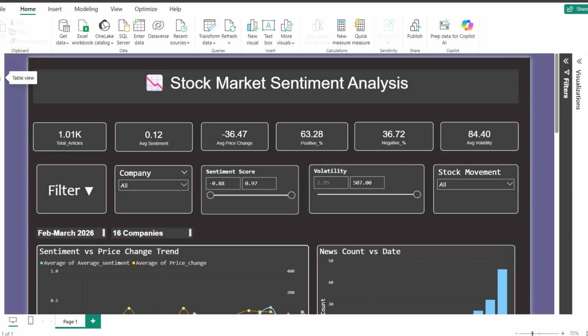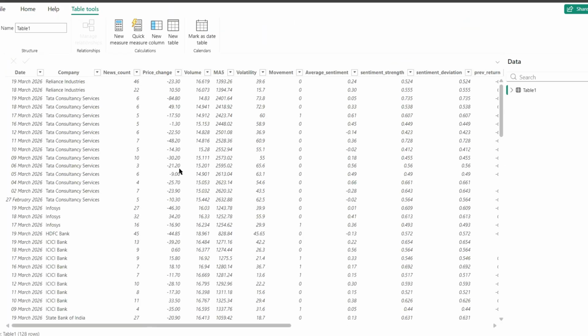We are working with a dataset of 1009 rows and 14 columns, which includes companies like Reliance, TCS, Infosys, HDFC Bank, ICICI Bank, and more.